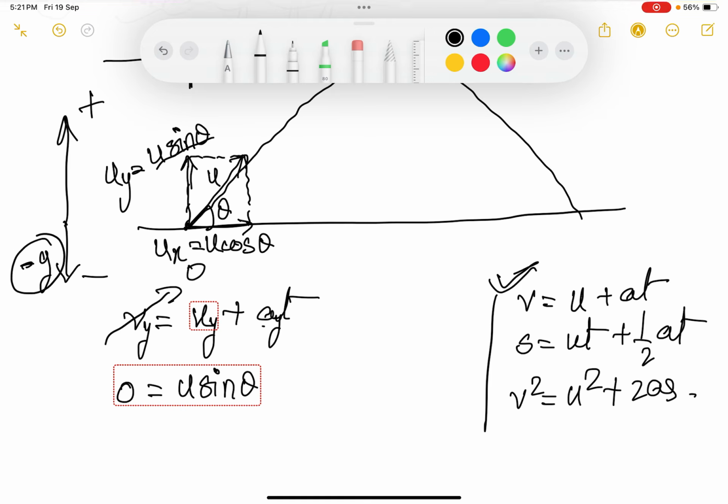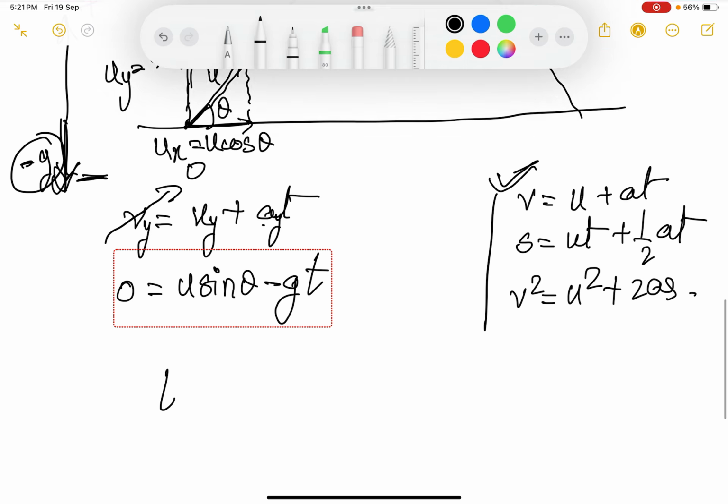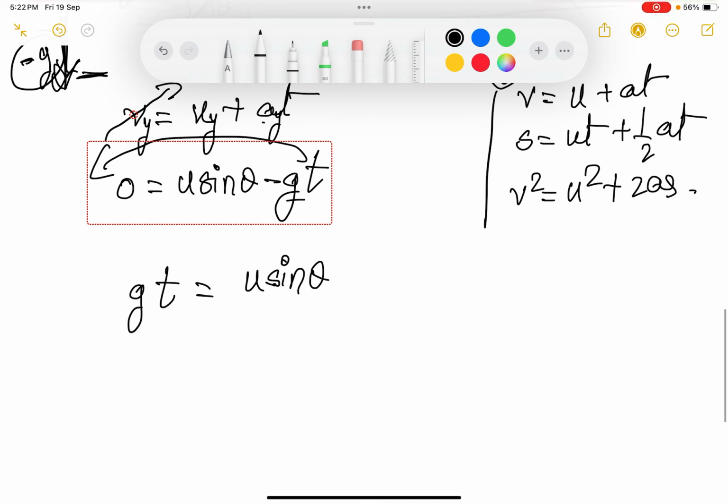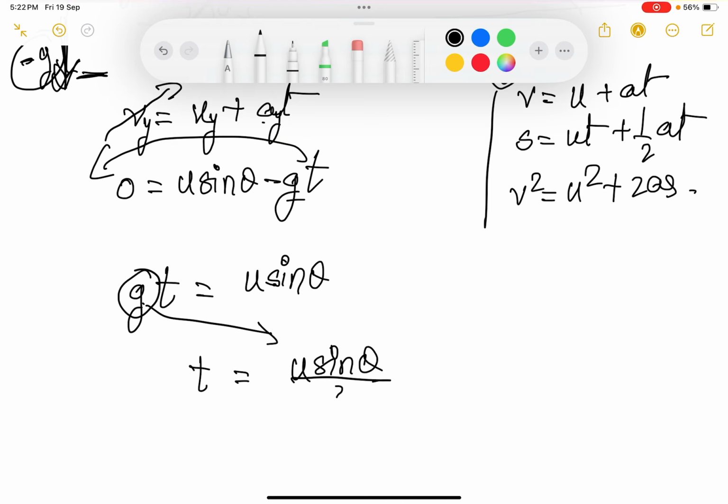Gravitation is acting in the downward direction, and downward direction we have taken as negative. So 0 is equal to u sin theta minus g t. From here, gt is equal to u sin theta, and when g goes down, t will be equal to u sin theta upon g.